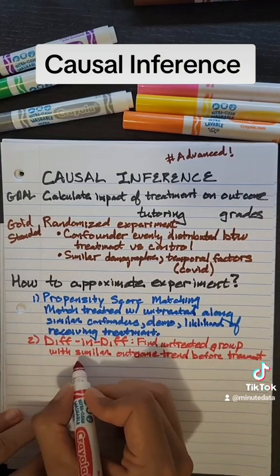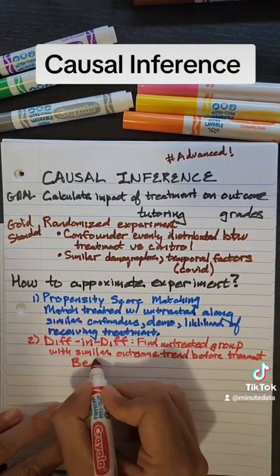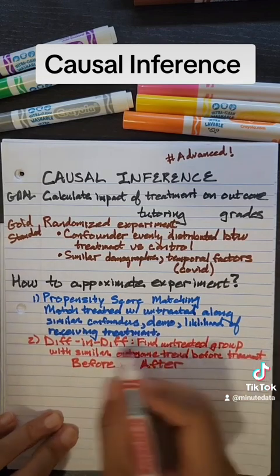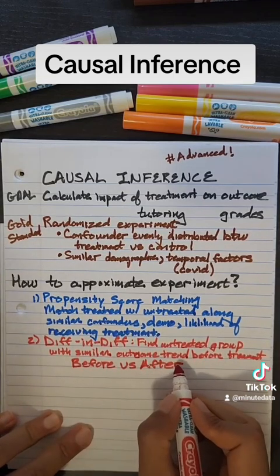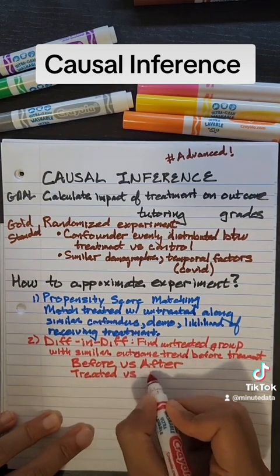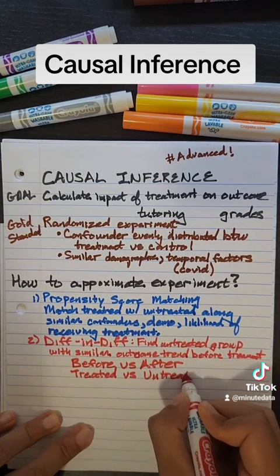And we're going to look at two differences, hence difference in difference. We look at before versus after, so before treatment versus after treatment. And then we also look at the treatment group versus the untreated group.